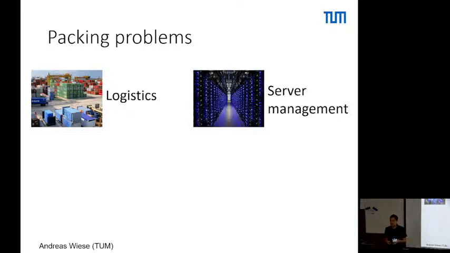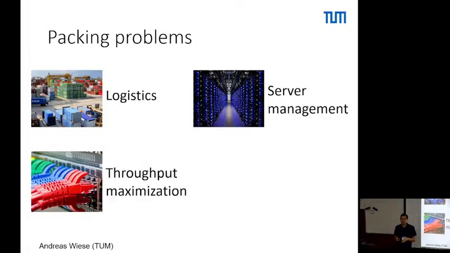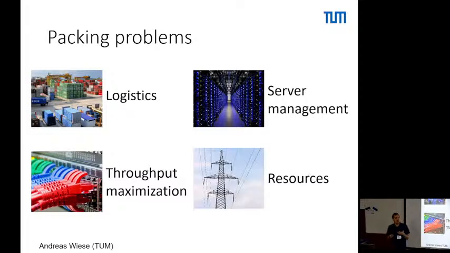But also in more abstract settings, when you think of server management, when you think of assigning virtual servers to real servers, then you must make sure that the real server has enough CPUs, GPUs, and memory for the virtual machines that you want to assign on this server. Also, in a certain sense, more abstractly in throughput maximization, if you want to select transmissions that are most beneficial for you, that can be supported by your network. And actually, whenever limited resources play a role, like a limited amount of energy or budget constraints.